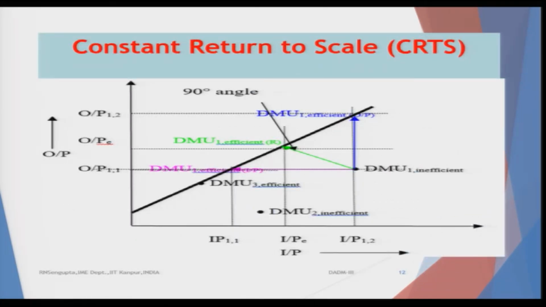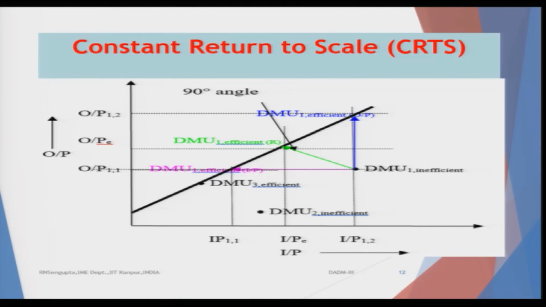Now, coming to the constant returns to scale, in this case we will have only one diagram, because whether you consider the inputs along the x axis or outputs along the x axis, the line would be a straight line, considering the rate of change of the functional form is happening at a constant rate. So, dy dx is constant.